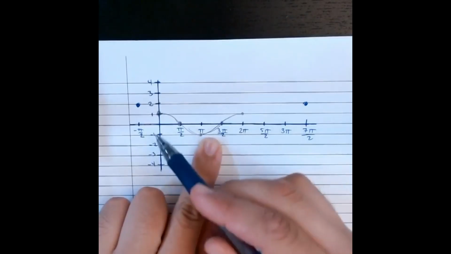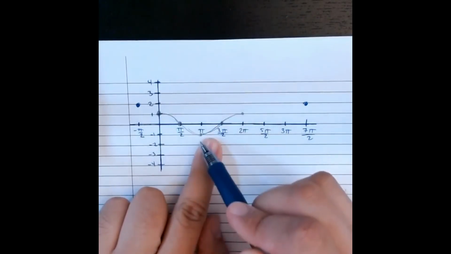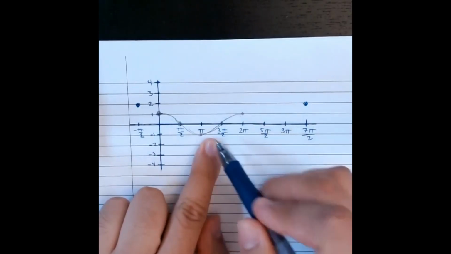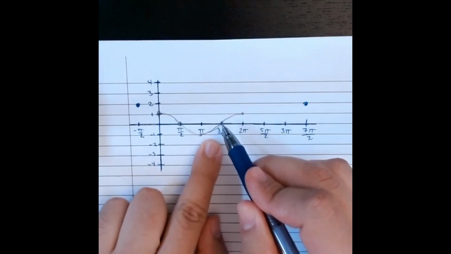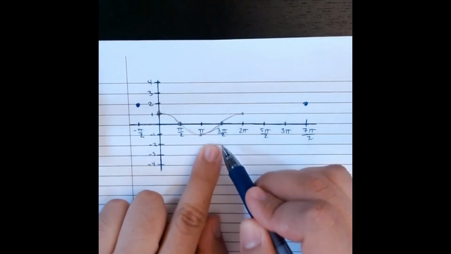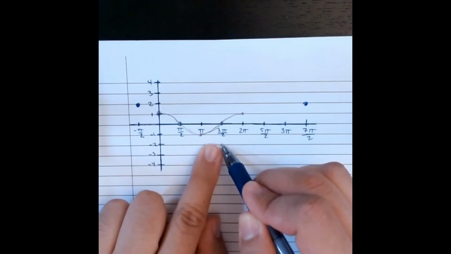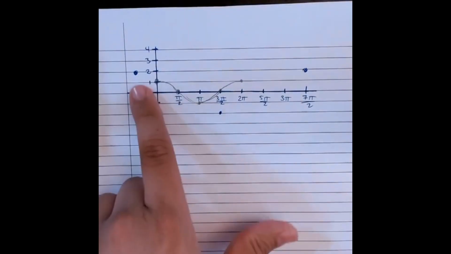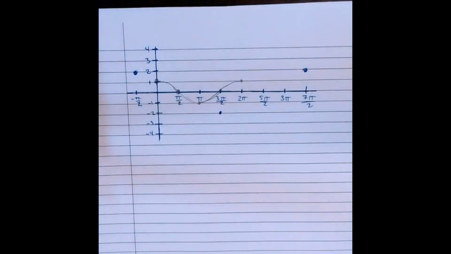That should be your minimum. Halfway in between your maximums is your minimum for any cosine period, right? For the central period. Okay, so 3 pi over 2. Normally my minimum's at negative 1, but again, we've changed the amplitude, so that's going to be down here at negative 2. The amplitude is twice as big, meaning the maximums and the minimums are twice as big as before.